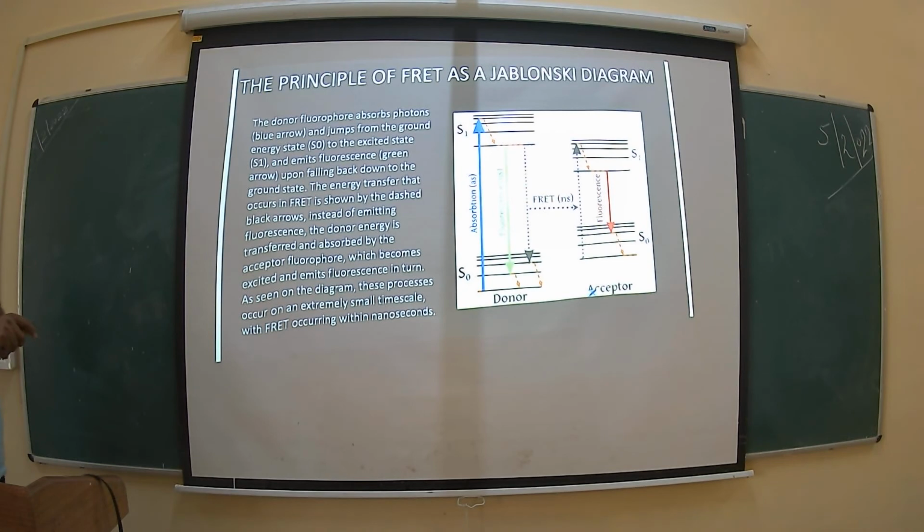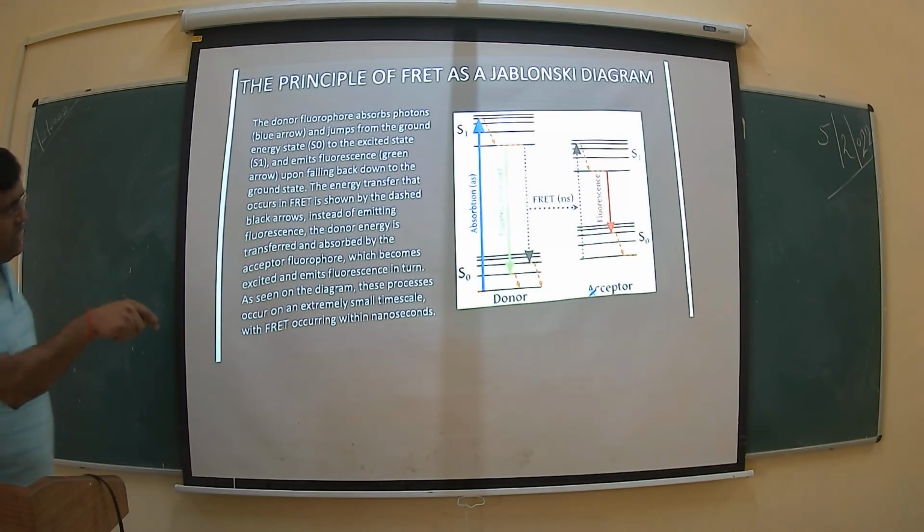If we want to understand the Jablonski diagram, here you can see the donor fluorophore. When it gets excited, certain energy falls here, so it goes into a higher excited state, and when it comes down it will emit some signal.